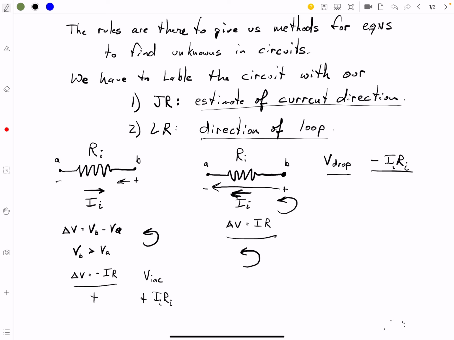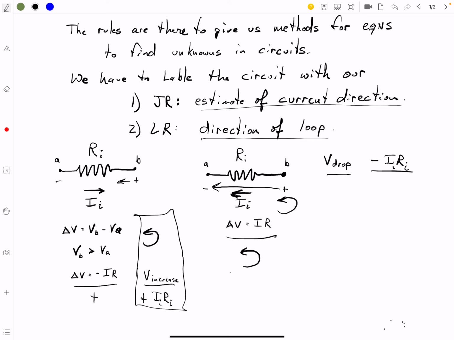Okay, I hope that makes sense. This is not a voltage drop, I'm sorry guys, I'm still under the weather a little bit. This is a voltage increase, okay, and this is a voltage drop.